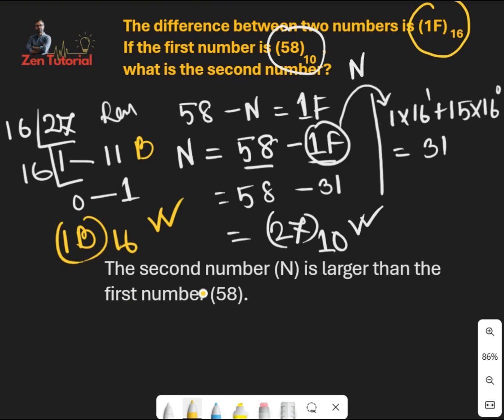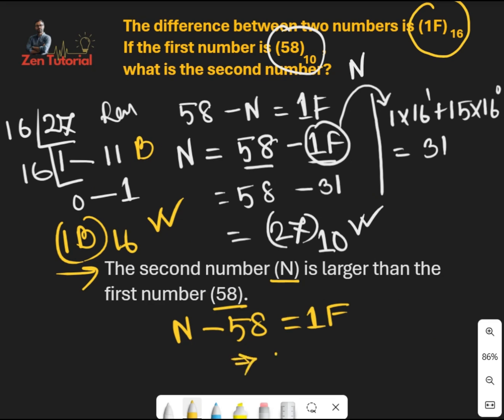But if the question asked that the second number is n, which is larger than the 58, so n is larger, so of course the equation should be n minus 58 and the result is 1F, right?